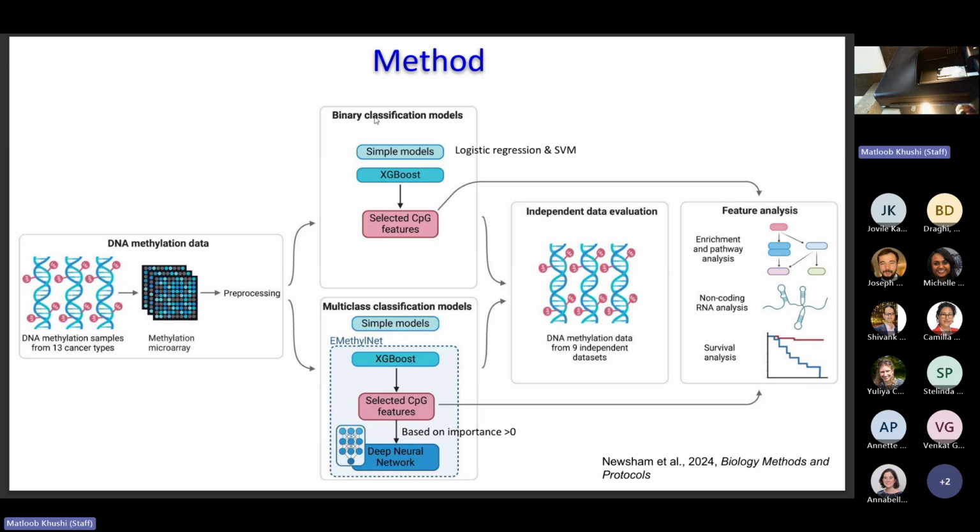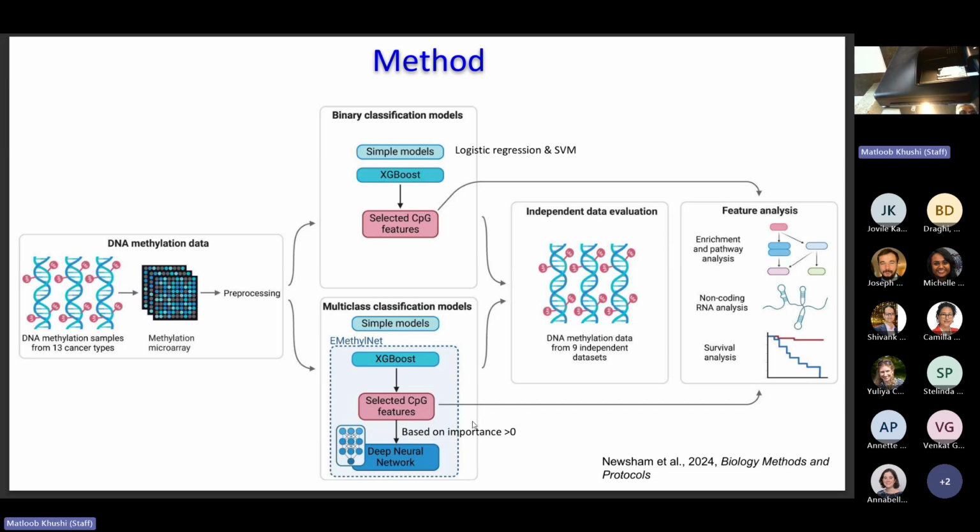Once we trained our model, we tested on a fraction of the data set that wasn't used for training. And once we had a model with good performance, we tested it on 9 different external data sets.